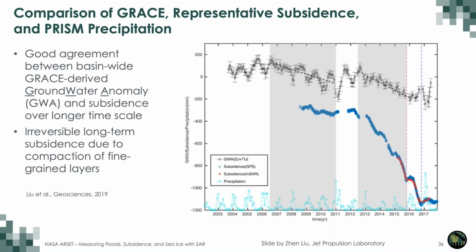On the top here is a measurement of the overall mass of water in the entire area that's measured with the GRACE satellite, gravity satellite. And we can see that the gravity satellite is also showing the same overall removal of water over the whole basin.